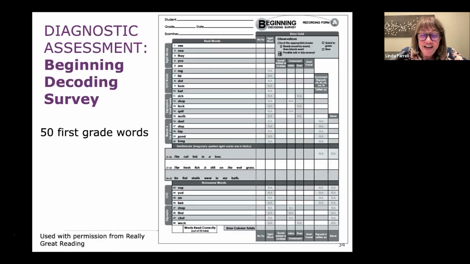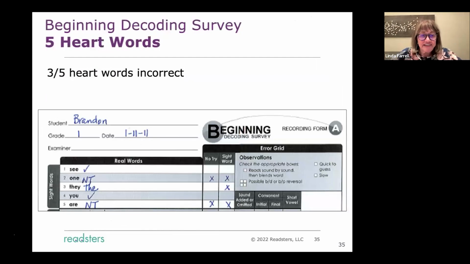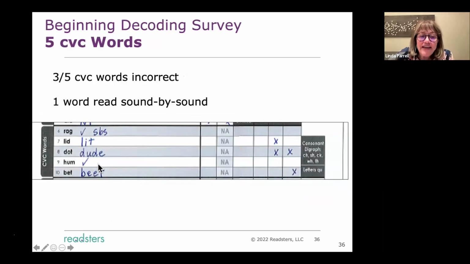What we found is we gave an assessment, and I'm just going to show you that he read 2 of these high frequency words correctly. He couldn't read one, they, or R. He read C and U. We gave him CVC words. He read rag, sound by sound. He read lid as lit, dot as dude, which usually they read as don't. That was kind of cute, I thought.